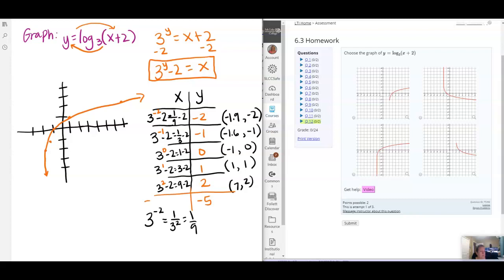So then that's going to be 3 to the -5th power minus 2, right? And so 3 to the -5th, well, that's going to be a pretty small number. Yeah, it's like -1.9958. Yeah, so what does it seem like it's getting really, really close to?